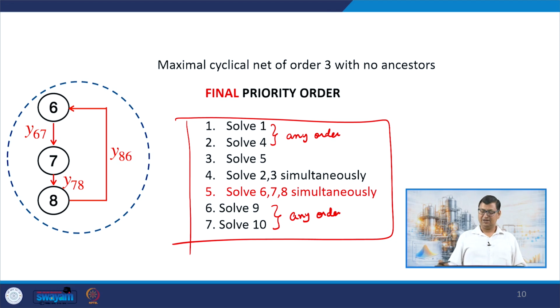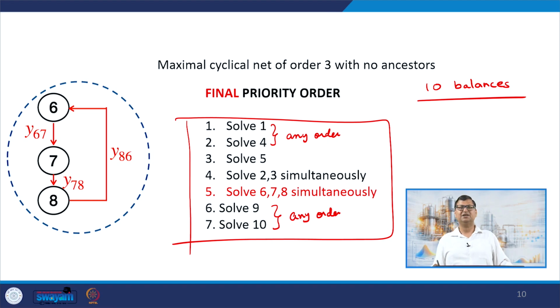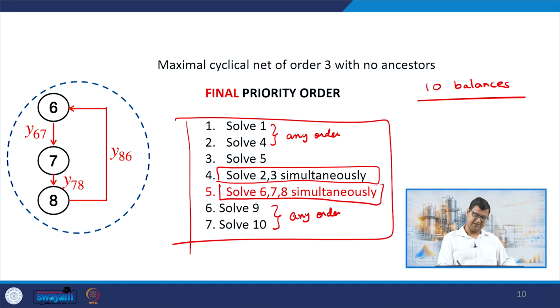So if we have to, for example, solve the 10 balance equations simultaneously, you can imagine that it is going to be more computational effort than solving 2 equations simultaneously or 3 equations simultaneously, right. Because every other step we are solving just one equation. Only in step 4 and 5 here we are solving 2 or 3 equations simultaneously. That is clearly better than solving all 10 simultaneously, right.